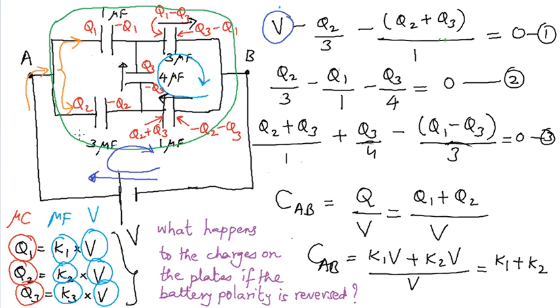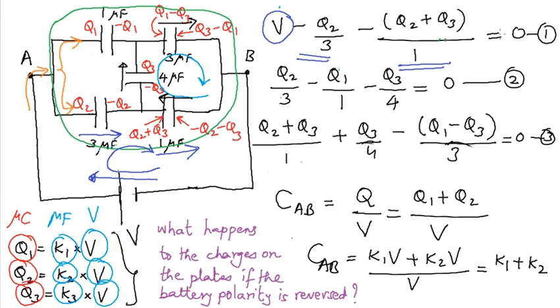Similarly, when we traveled through this capacitor from left to right, the potential difference encountered was minus Q2 divided by 3, and that's the reason for this term. And finally, when we traveled through the third capacitor from left to right like that, the potential difference we encountered was minus of Q2 plus Q3 divided by 1 microfarad, and that is the reason for this third and last term.